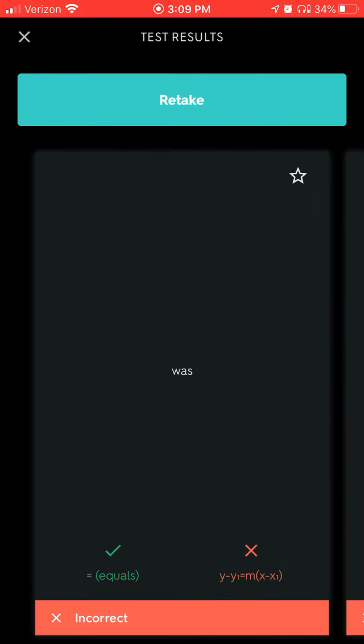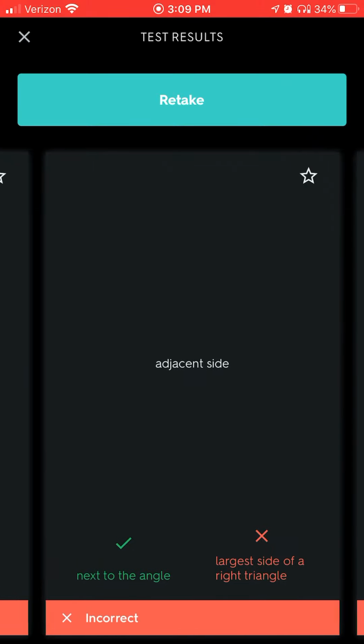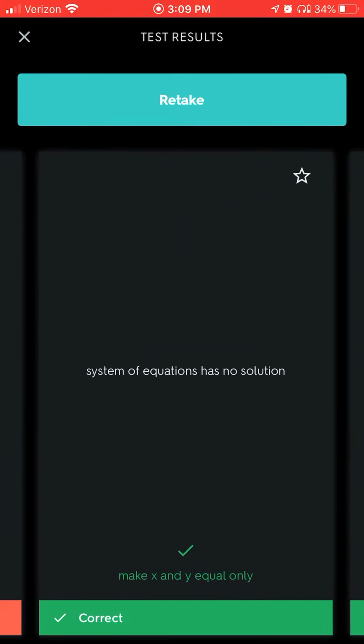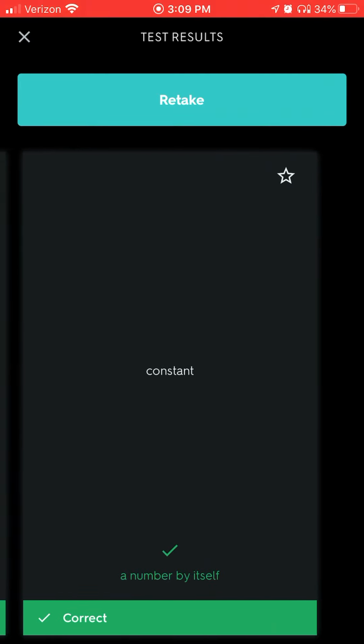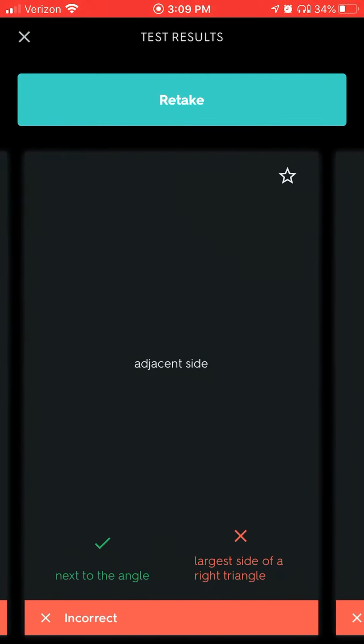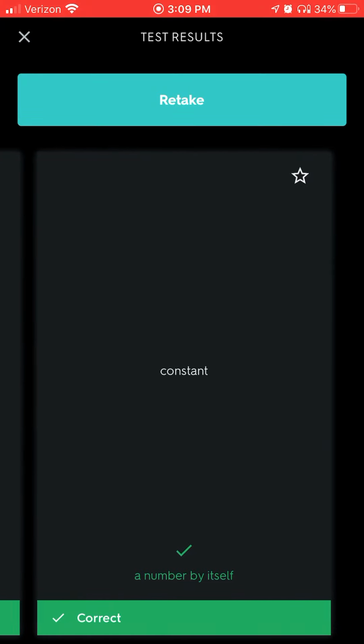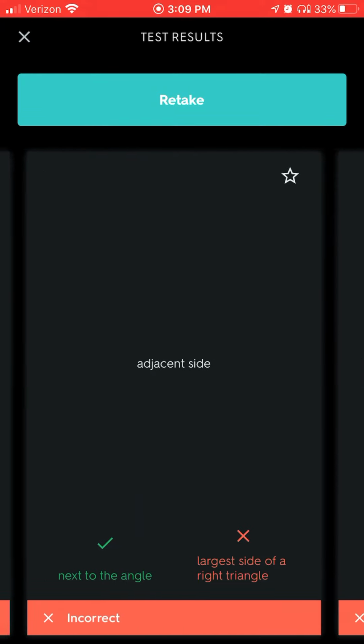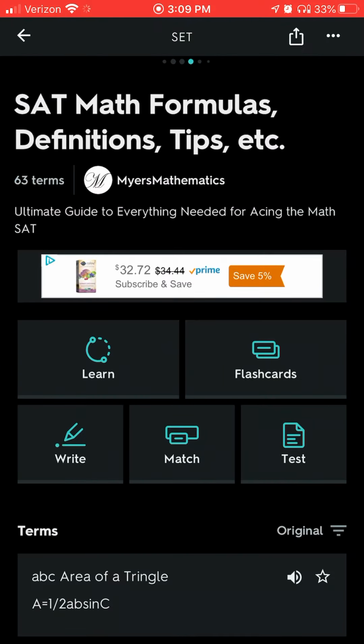Okay, so I put y minus y1, which is point slope form, but the correct answer was equals. So you can see it gives you what your answer was and then what the correct answer was down here. All right, and then some of these I actually guessed right, even though I wasn't trying to guess either right or wrong. I was just clicking the first choice on the rest of them. But yeah, so that's how this works.